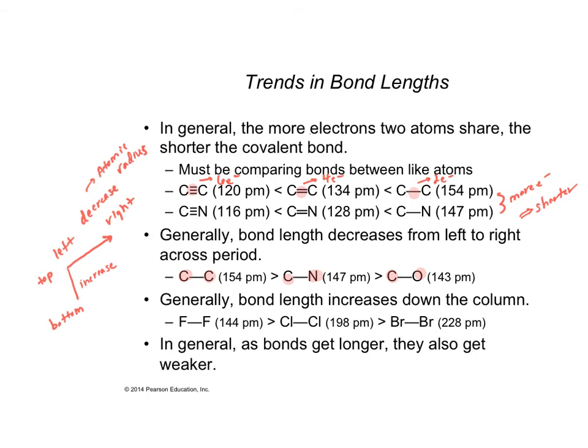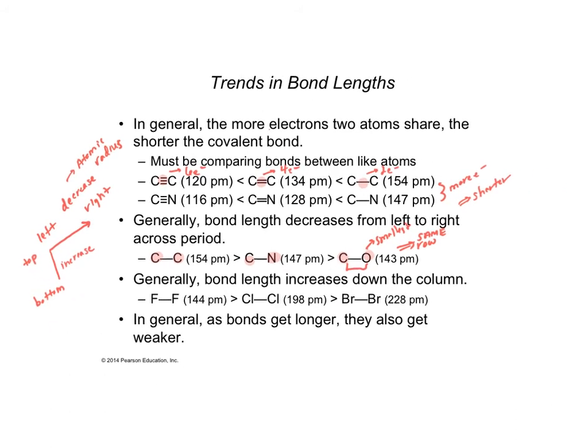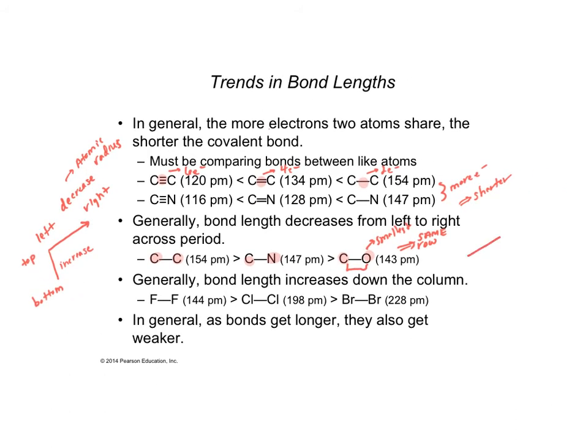These all exist in the exact same row, the same period, between carbon, nitrogen and oxygen. Oxygen has the smallest radius. Because of that, we're going to see the shortest bond between carbon and oxygen. So as we move from left to right across a row, across a period, we're going to see a decrease in bond length.